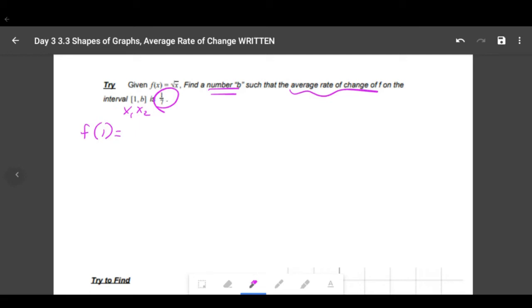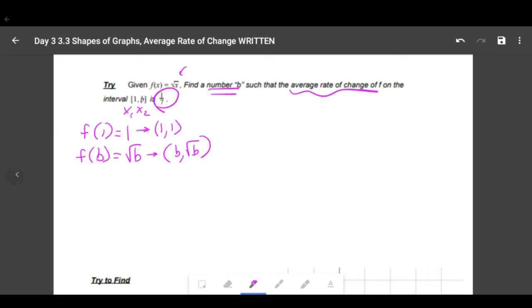If I plug 1 into my equation there, the square root of 1 is easily just 1. So I know that one coordinate is 1, 1. The other ordered pair, let's just plug in b, because if x2 is b, let's find out its corresponding y value. If I plug it in there, I get the square root of b. So that just means my other coordinate is b, square root of b.